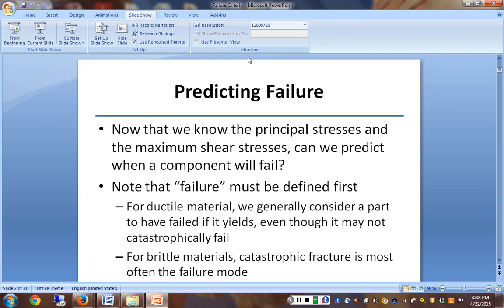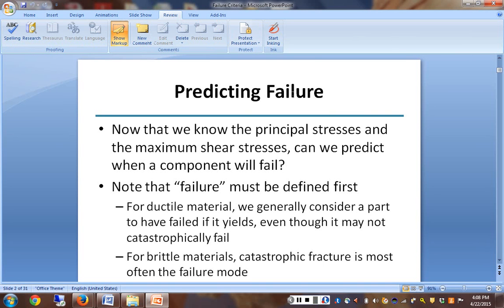We're going to learn 3 different criteria today, one of which nobody ever really uses, but it's the simplest, and we'll establish the concept with that. And then there are the other 2, maximum shear stress and distortion energy, and those are 2 that people actually do really use in civil engineering codes or other design codes.